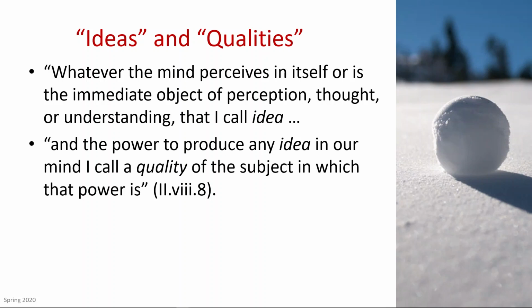So when we use terms like cold or white or spherical, Locke wants to say we need to distinguish between how those terms are used to refer to ideas in our mind and how they're used to refer to modifications of matter.